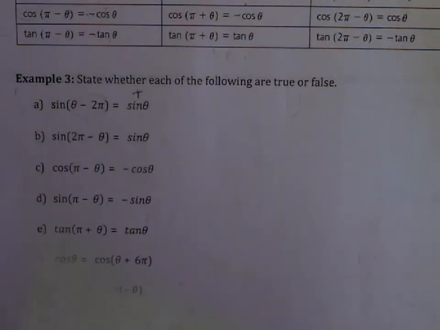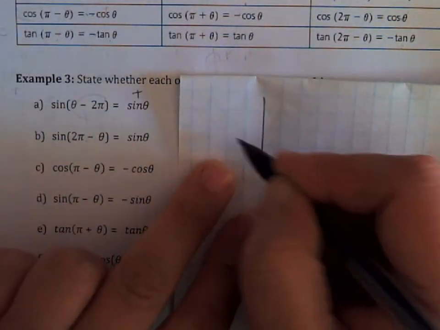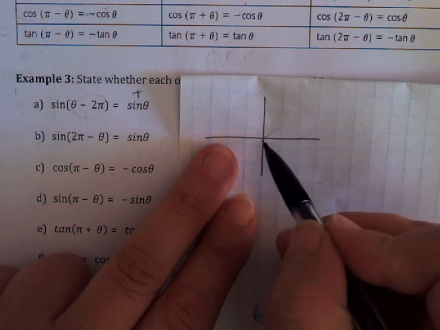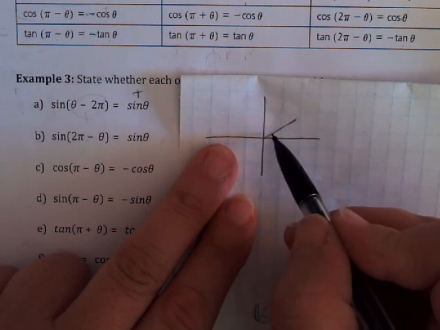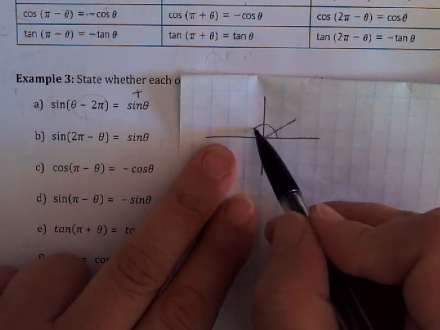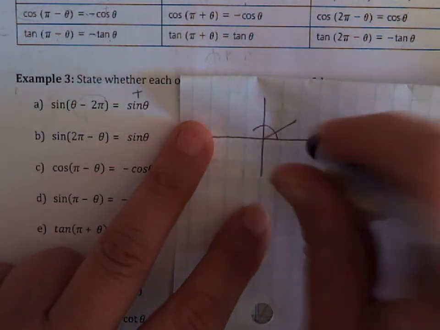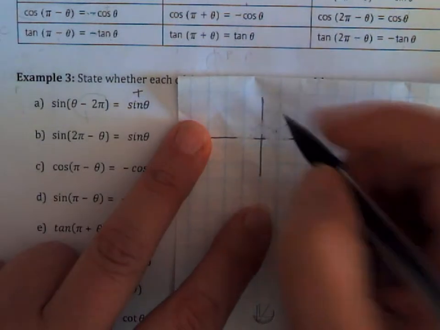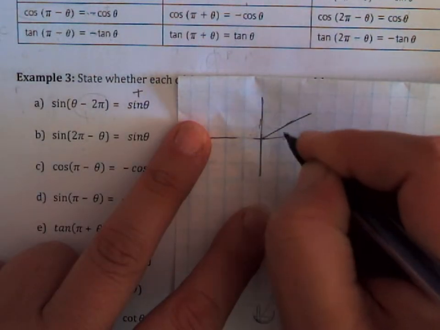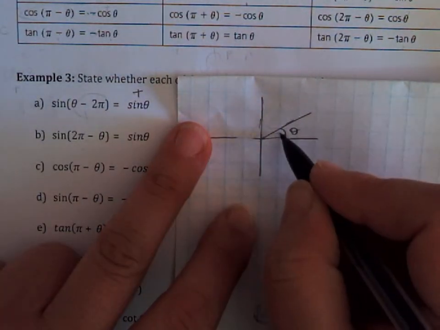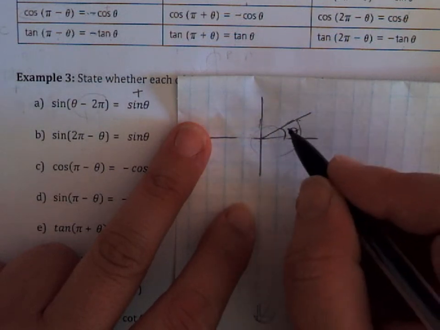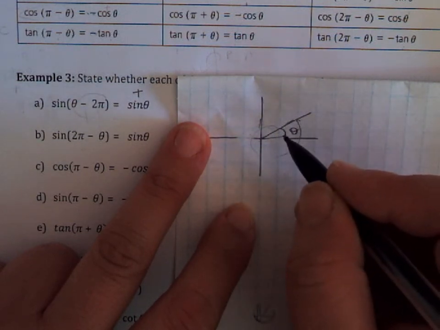So if this is theta, theta minus 2 pi is also going to have the same terminal arm.